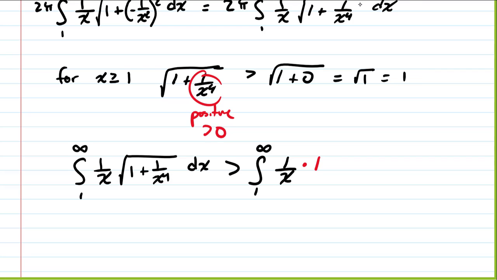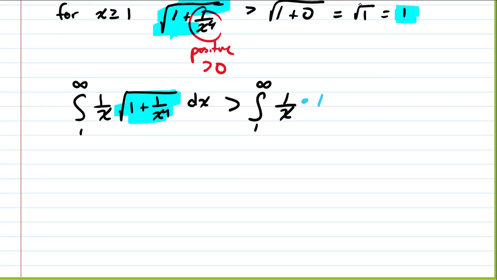Maybe I should use a different color than red. Make it blue. Because we're replacing this thing with this, right? So if we replace a function with something that is always smaller than it, then the integral must therefore be smaller, right? So this integral is bigger than this integral.